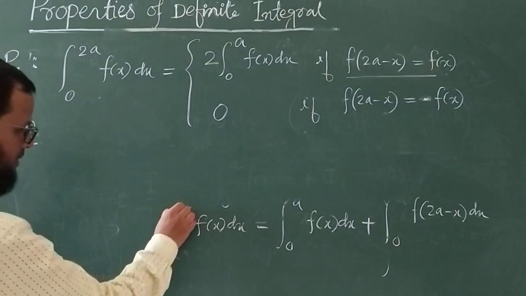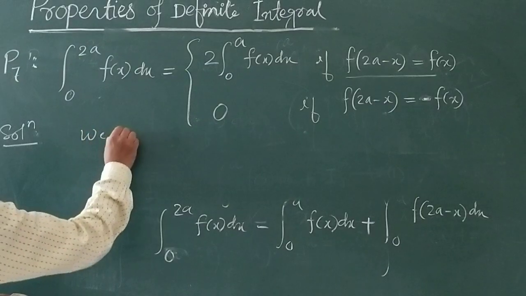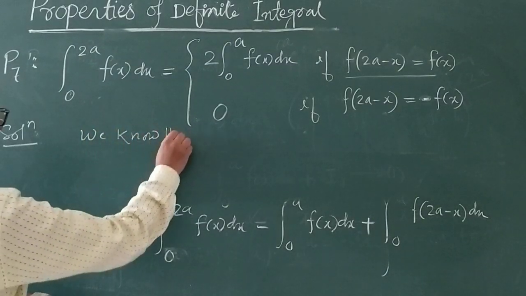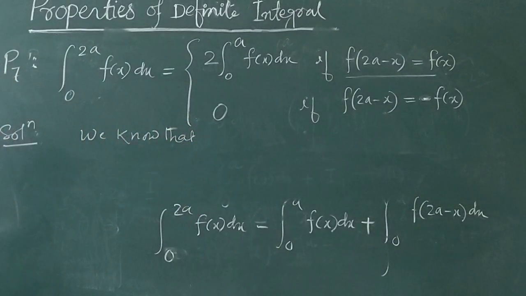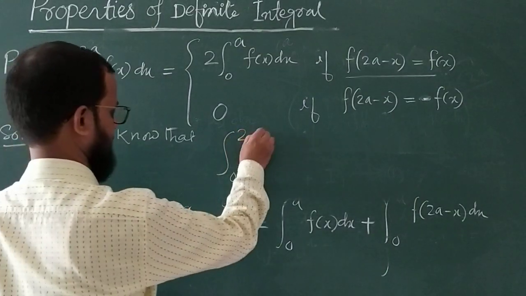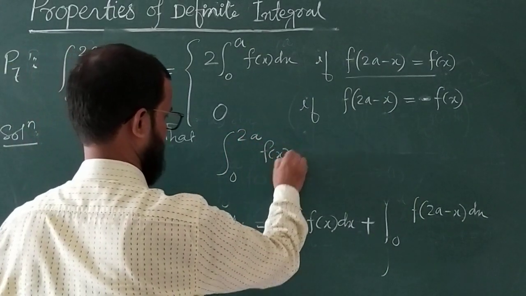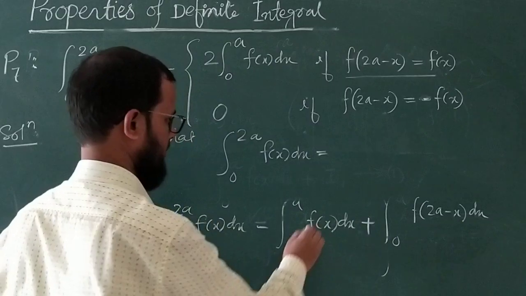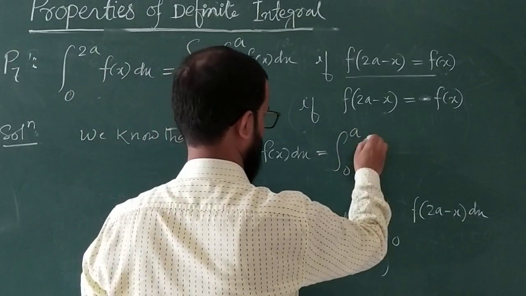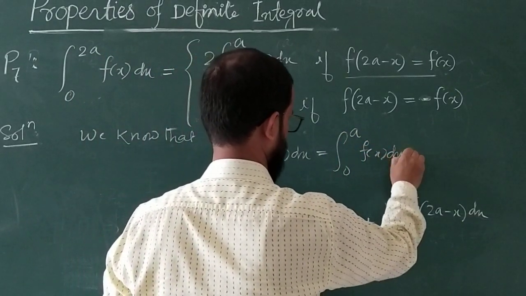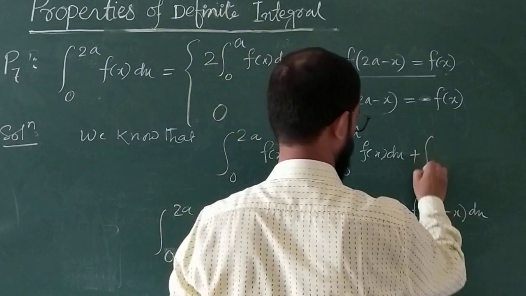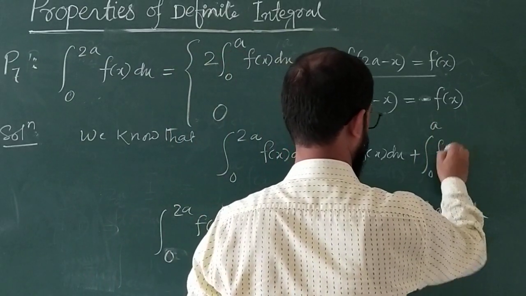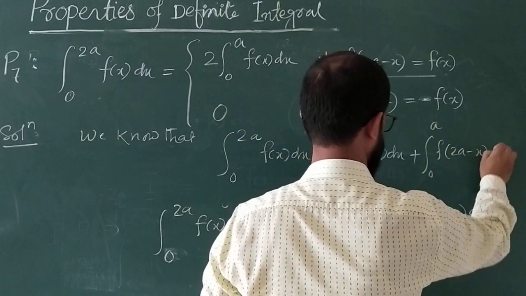So here we start with this: we know that integration 0 to twice a fx dx is equal to integration 0 to a fx dx plus integration 0 to a f of twice a minus x dx.